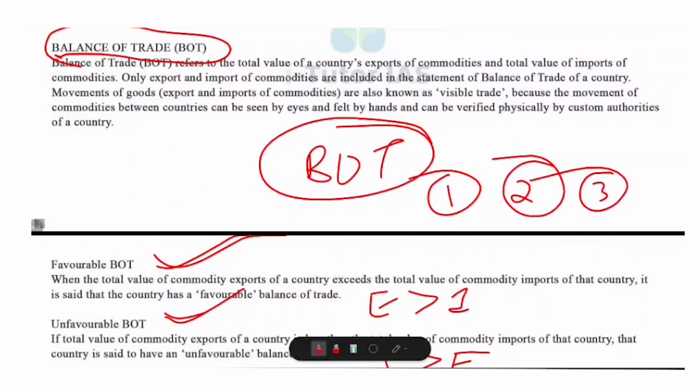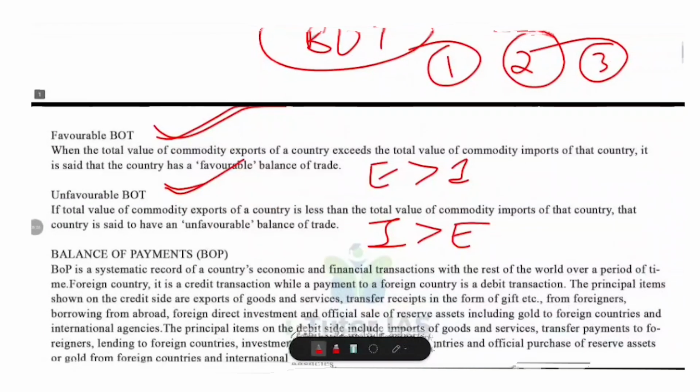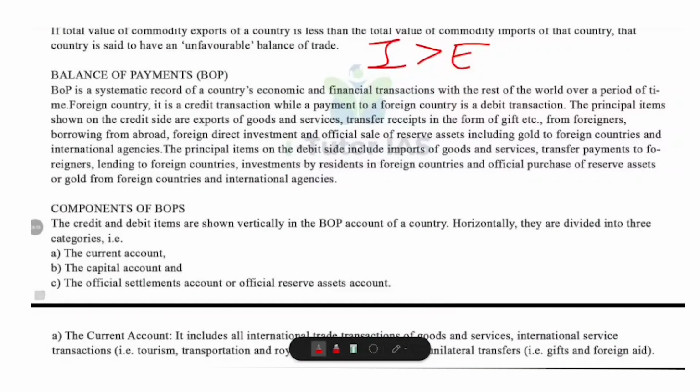We have already learned about TOT, that is terms of trade, and BOT, that is balance of trade. Now we are going to the next term, balance of payment or BOP. This balance of payment is a comprehensive record of all economic and financial transactions between residents of a country and the rest of the world over a specific period of time.